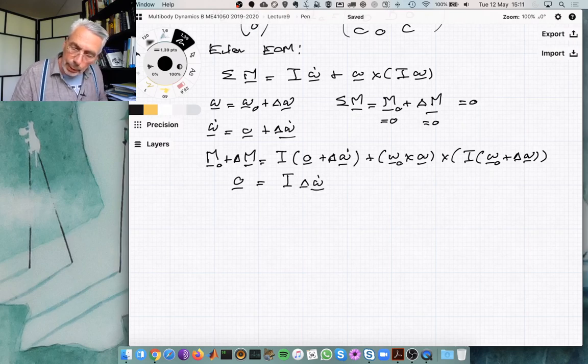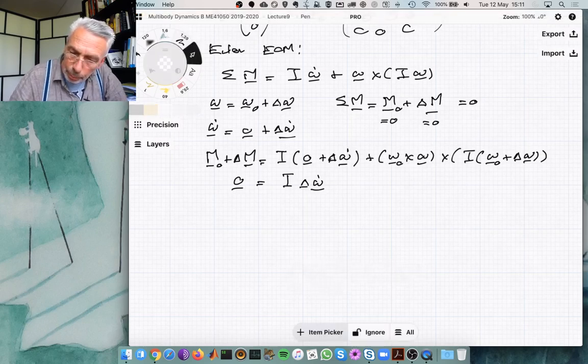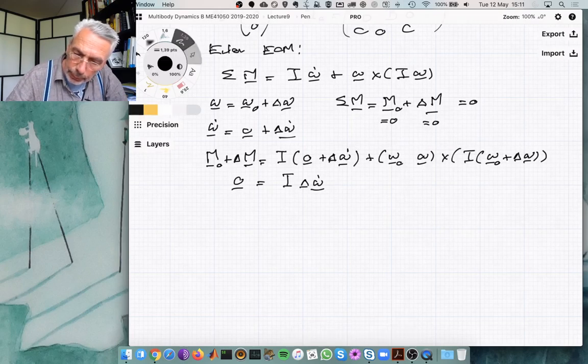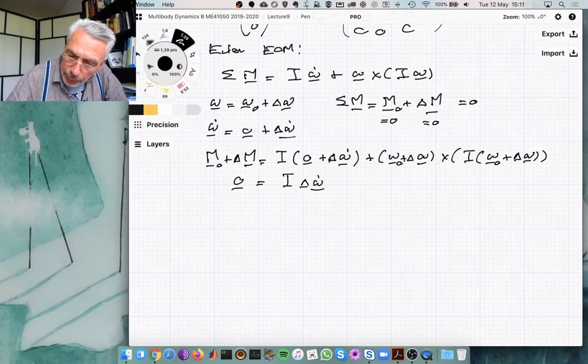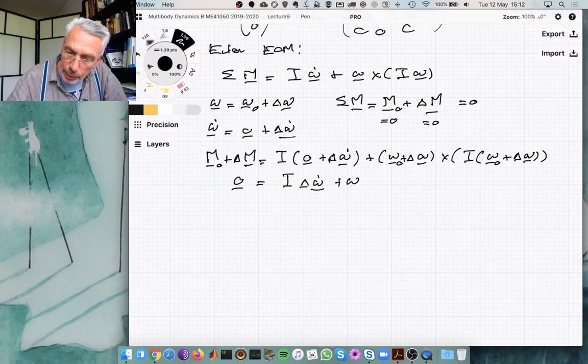And now that second part, well, it's not so hard. You just have to do it piece by piece. By the way, this is not a cross, this is a plus. Sorry for that. So this is a plus delta, and this also breaks down in 2 parts. So let's do that. We get omega 0 cross product with two terms, I omega 0 plus I delta omega.